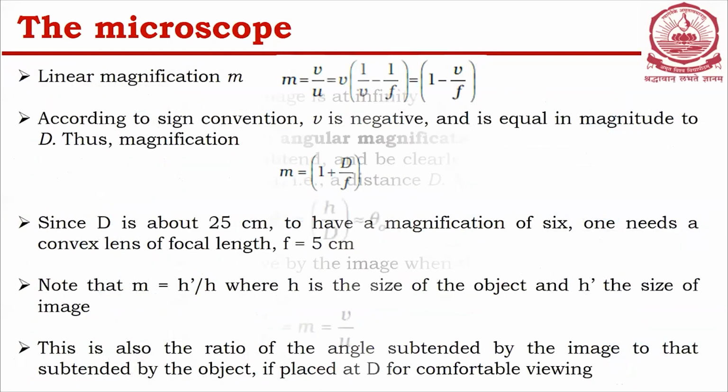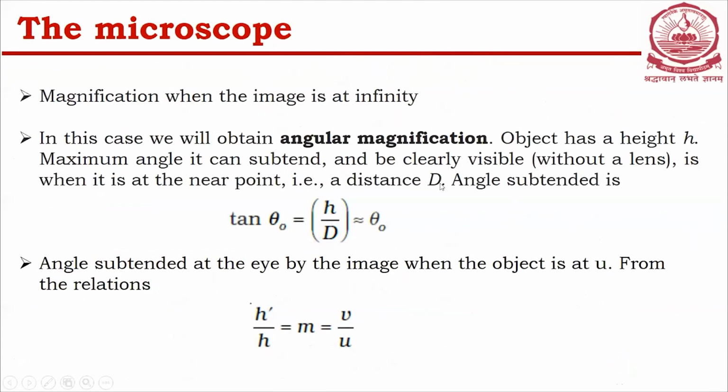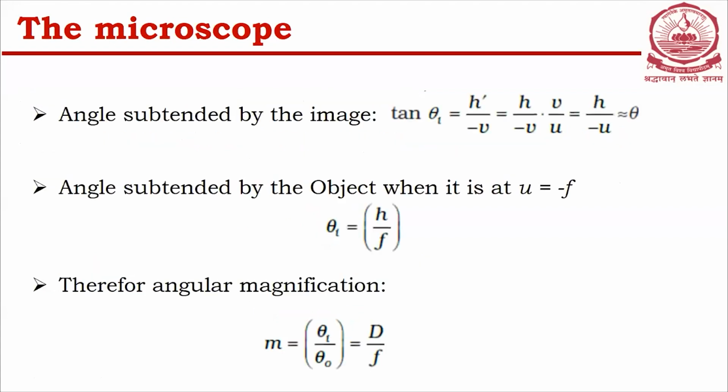That's what is explained here. So how do we find theta naught? Tan theta naught is equal to h by d. Because of the small angle, theta naught is equal to h by d, where h is the height of the object and d is the near point. This is another relation apart from the linear magnification that you know very well. Now this is again tan theta, the angle subtended by the image.